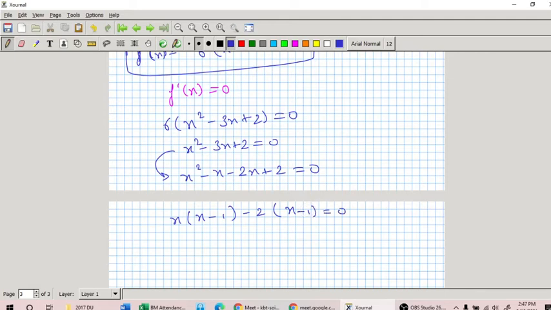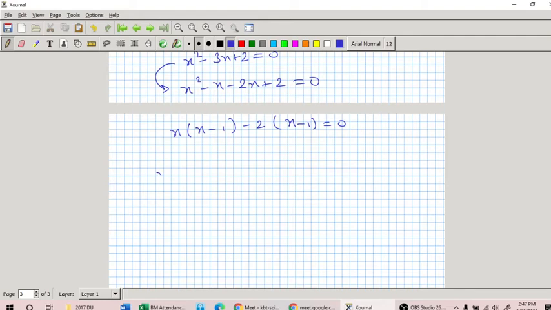So we have got two values, x minus 2 and x minus 1 equal to 0. So we now have two values of x: x is equal to 2 and x is equal to 1.